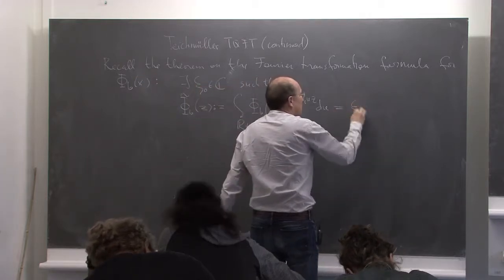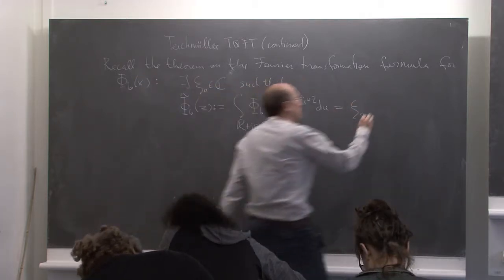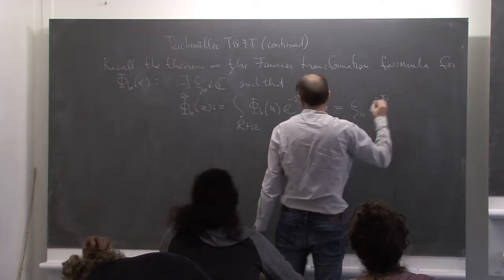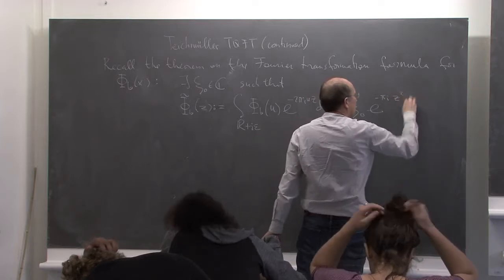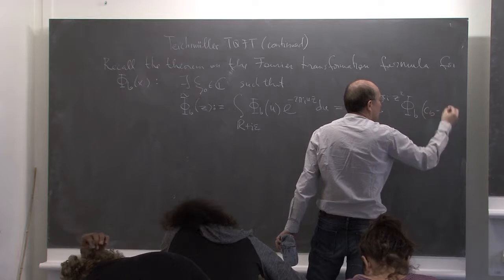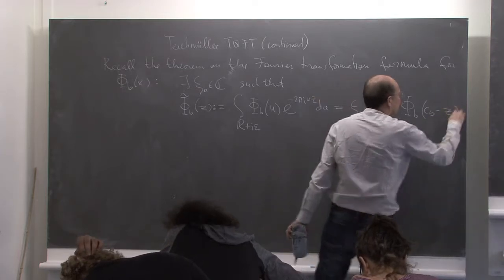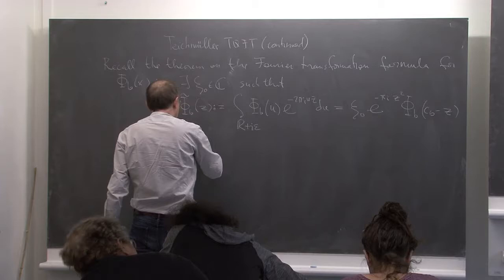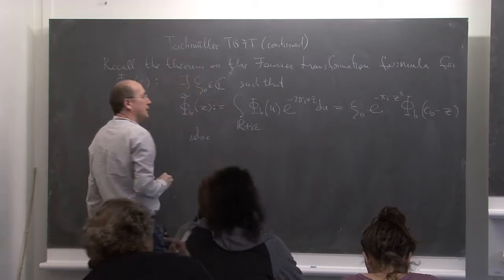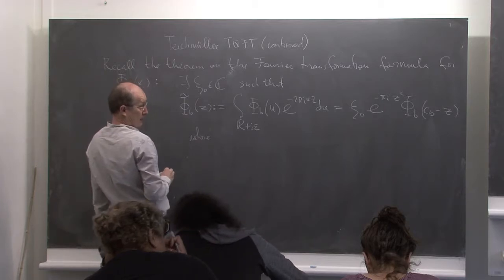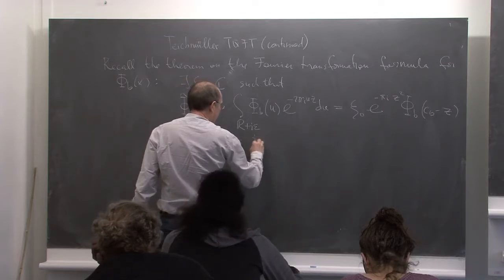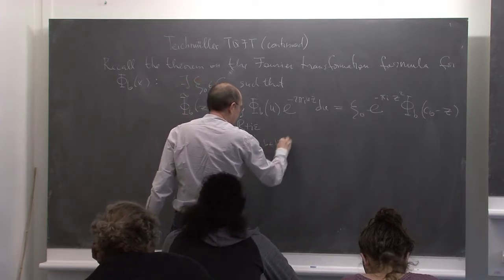And the formula reads as zeta 0 multiplied by e^(-pi i z^2) phi b of cb minus z, where cb is defined by i over 2 times b plus b inverse.